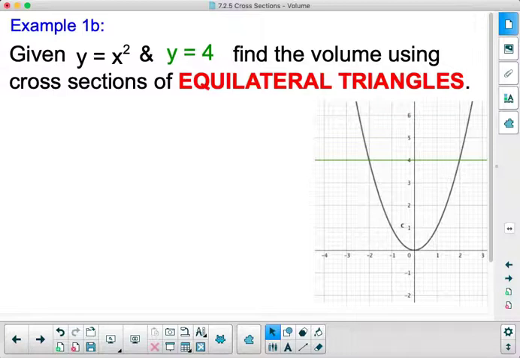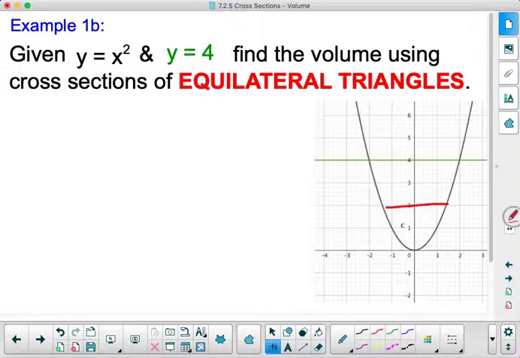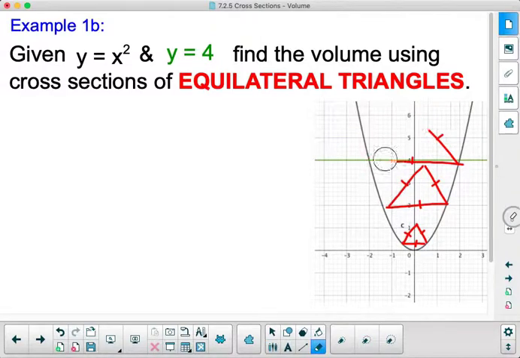This time, though, we're going to try to have equilateral triangles in this. So I'm going to stack these equilateral triangles up, kind of going up. This one's maybe a little bit easier for me to draw. That one didn't turn out too well, but we can kind of envision what this is going to look like here, stacking these things together.